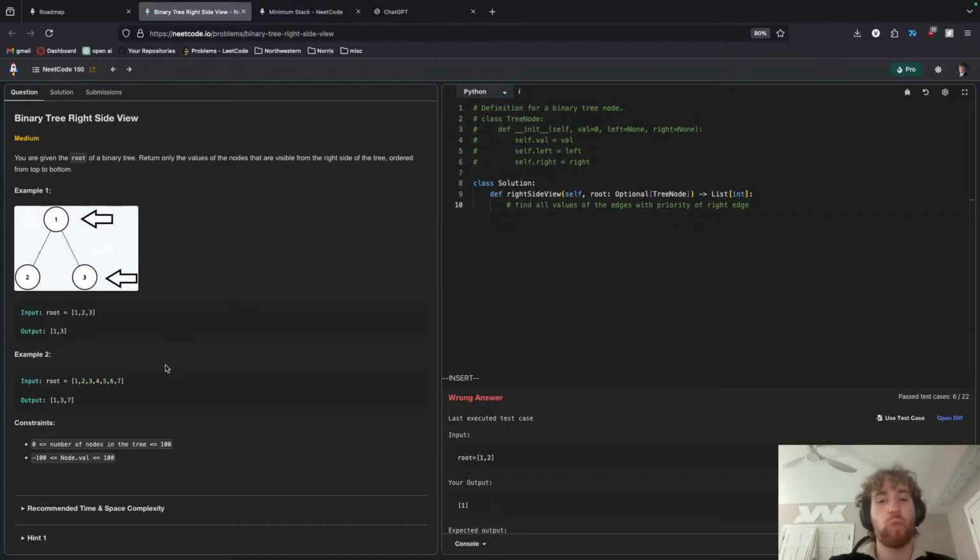So, BFS? Question mark? BFS or is it like level order traversal, but we always keep track of the farthest right one?